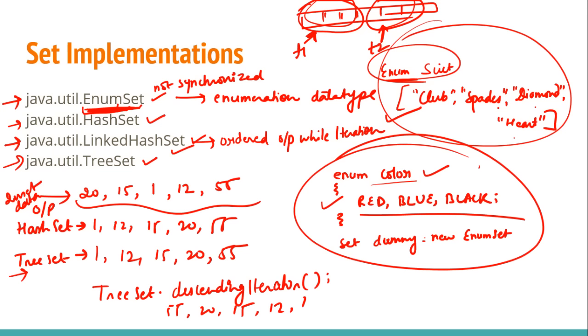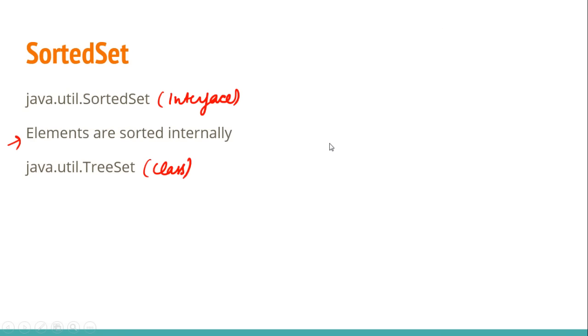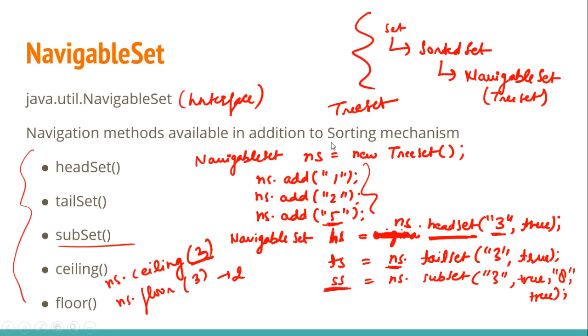Dharmendra is asking, why did you pass the second argument as 3 in head set and tail set, etc.? Okay, let me go back to the slide. This 3 I have just taken as a reference. If you say 2 here instead of 3, head set will give you the elements that are lower than 2, or 2 and lower.